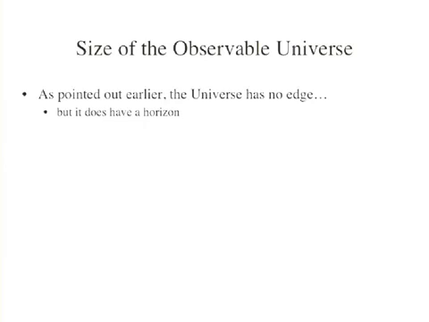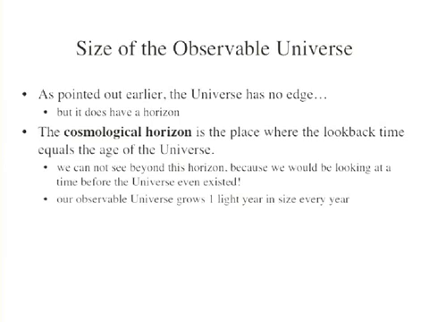There is some place that emitted photons to us 13.7 billion years ago, when the universe just began. And we can see that. But we can't see an object that's further away. In that sense, that is a cosmological horizon, where the look-back time equals the age of the universe.